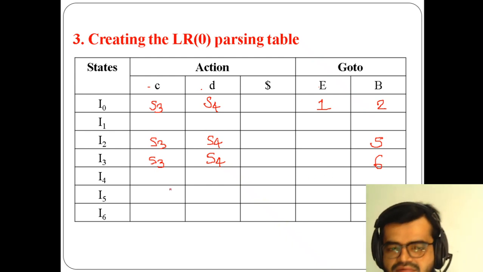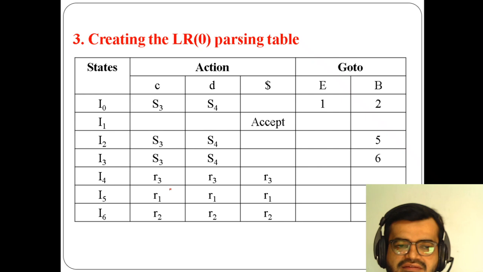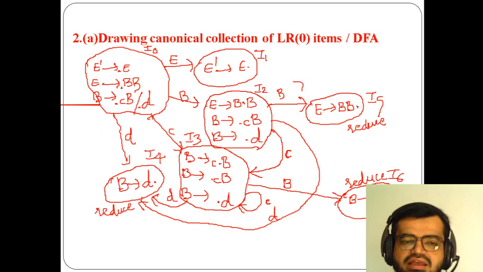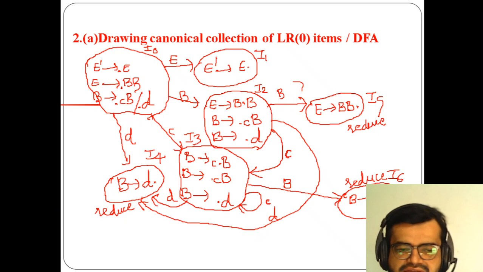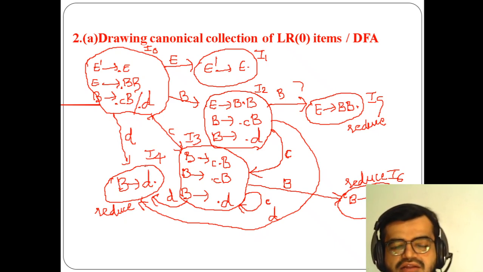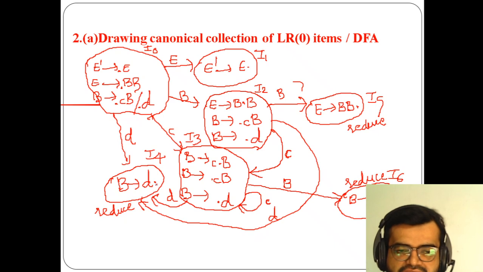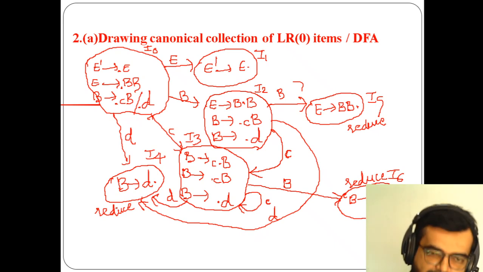Now next I4, I5, I6. Going with I4, is it going somewhere else? It's not going anywhere. In I4 it is only receiving from all the sides. As I told you, for I4, I5 and I6, after the dot there is no terminal and no non-terminal, so they are used for performing the reduce operation.